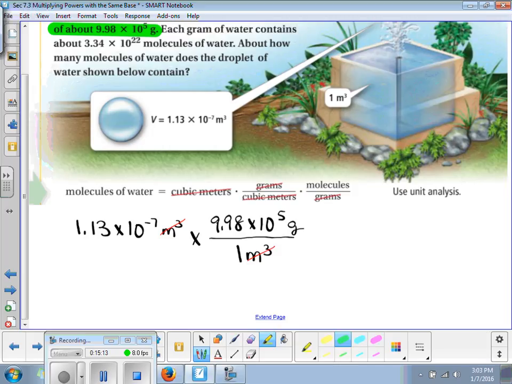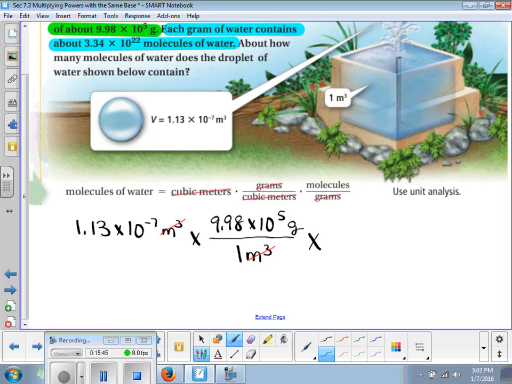Notice in the problem, it says each gram of water contains about 3.34 times 10 to the 22nd molecules of water. So now I can go from grams to molecules by doing the same conversion, right? So we're going to multiply again. And where will I put grams in order to cancel it out? In the numerator or the denominator? Very good.